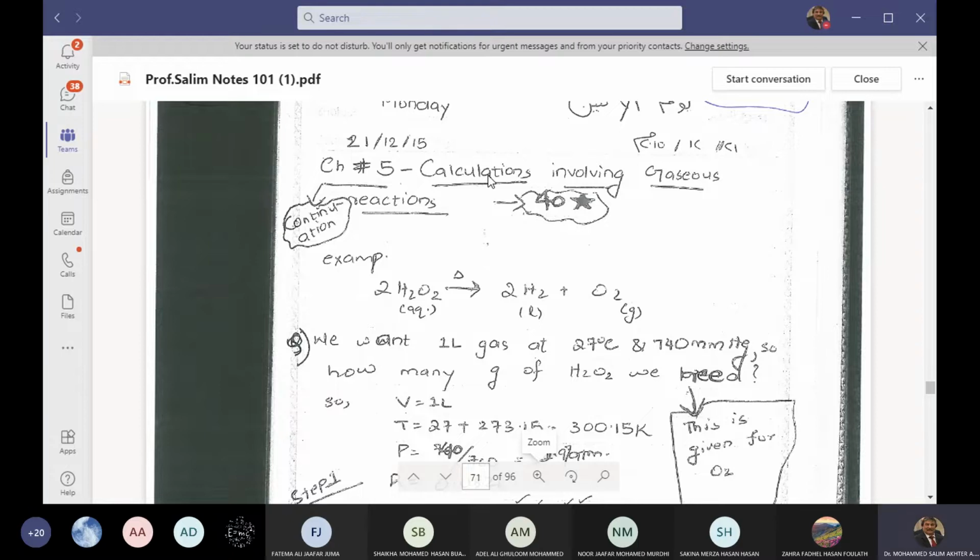Okay, my friend, stoichiometry. Can you see this? This word I have sent you in your group. Stoichiometry means calculation.